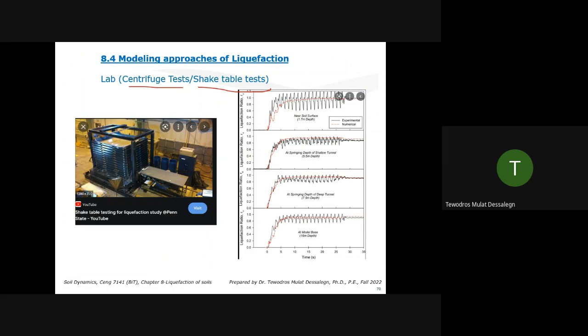So you can see this plot, liquefaction ratio, also called pore water pressure ratio, the excess pore water pressure divided by the effective stress. When it reaches close to 1, then you see it getting horizontal, maintaining liquefaction. These are different depths.